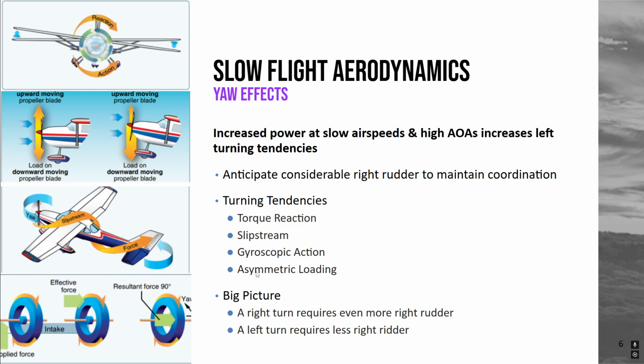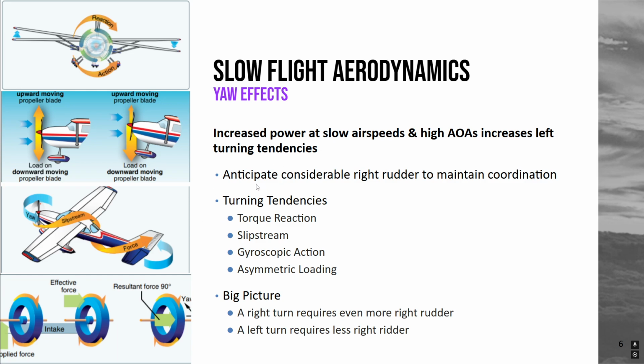So we need additional right rudder, the higher our power setting, the higher our angle of attack, in order to offset these left turning tendencies. We're not going to be feeling gyroscopic action as much unless we're initiating a descent, or spiraling slipstream, because we're not traveling through as much air. So less air is going to be hitting our vertical stabilizer.